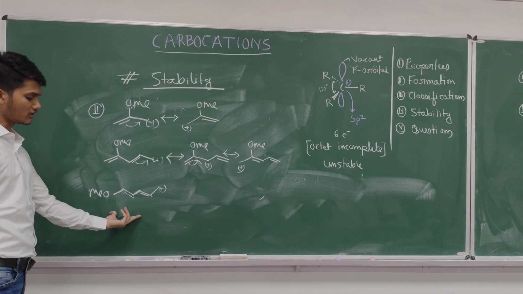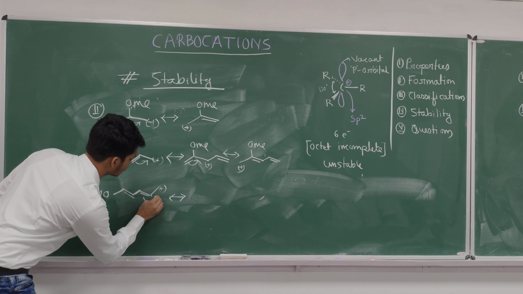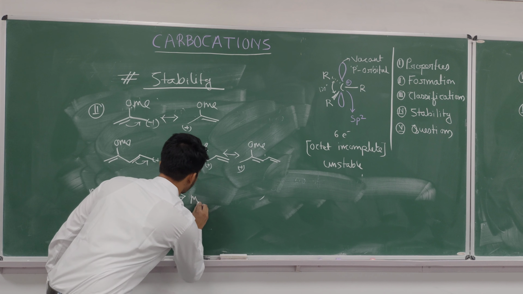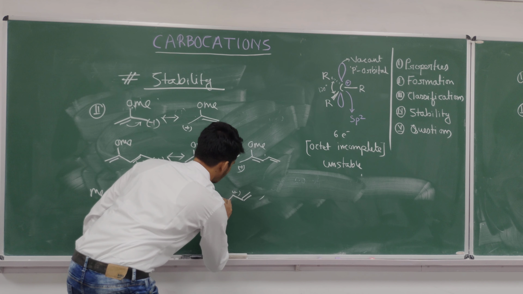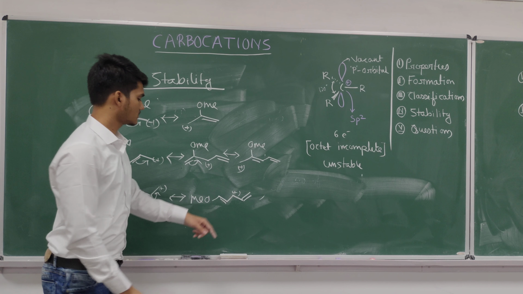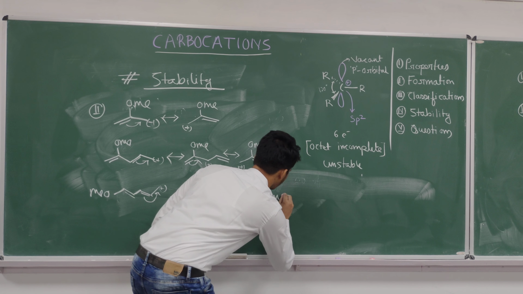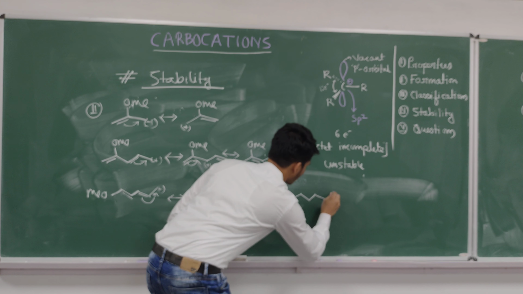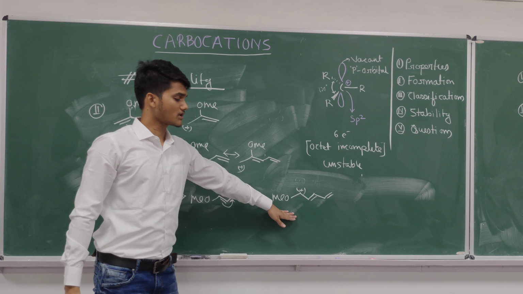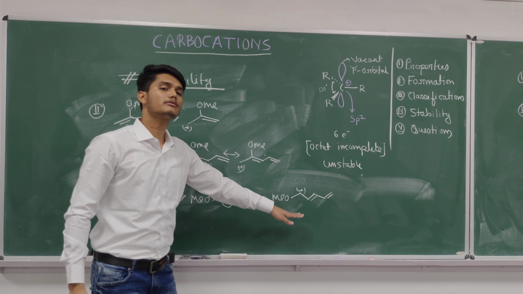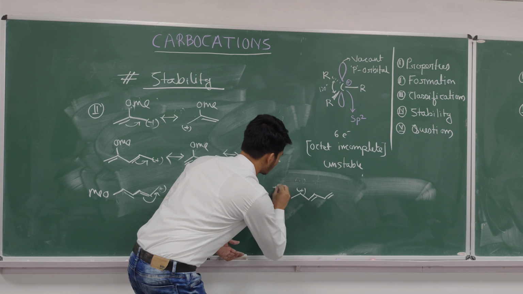Let's see the third compound. In the third compound we also have a resonating structure like this. This pi electron can be delocalized like this, so we have another structure. Again, this pi electron can be delocalized in this way, so we have another. Now, in this resonating structure, we have oxygen adjacent to the carbocation, so obviously we have plus M, that is the mesomeric effect.